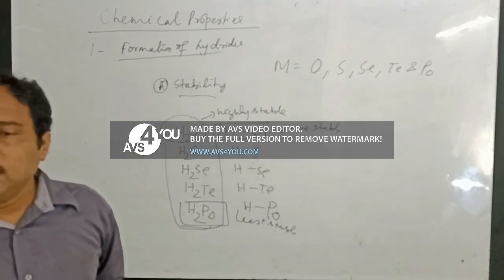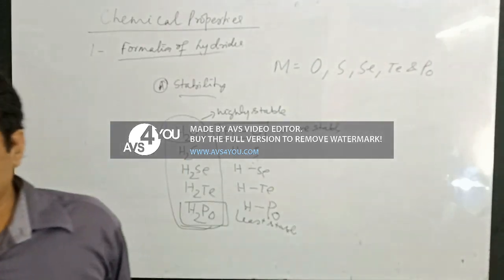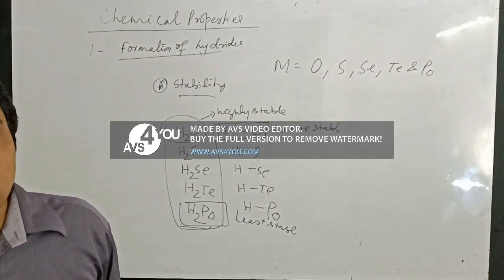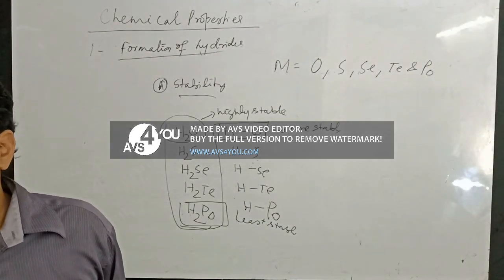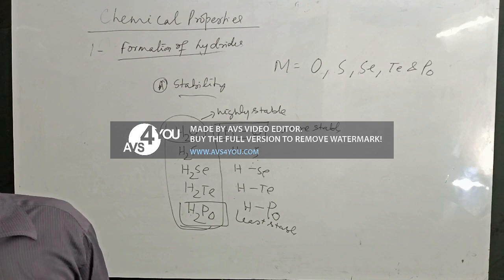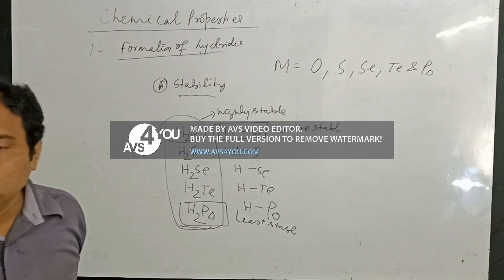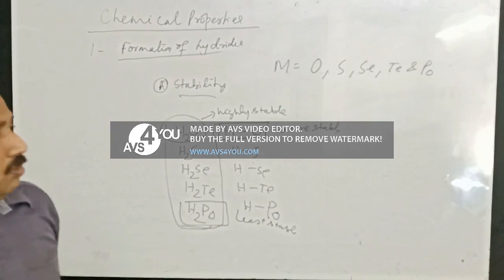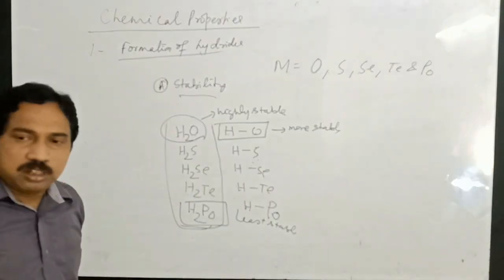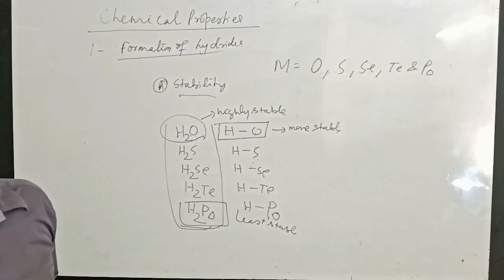Therefore, the stability of these hydrides gradually decreases from H2O to H2Po due to the decrease in bond strength or bond dissociation energy, which is due to the gradual increase of atomic size from oxygen to polonium on moving downward.